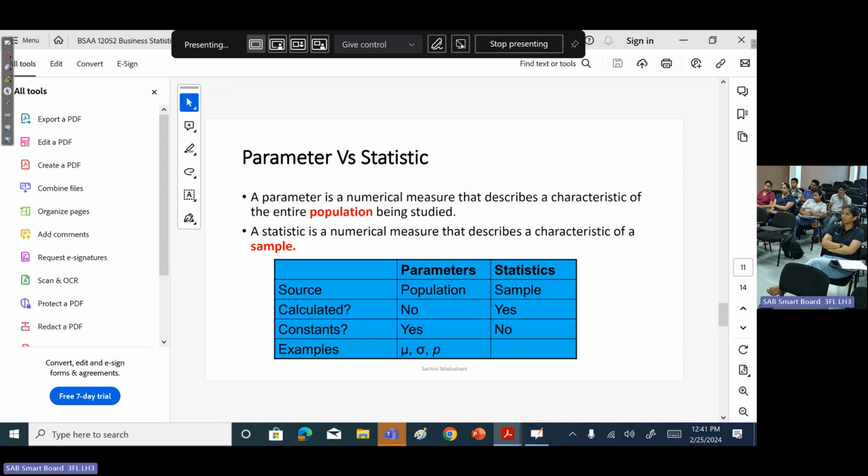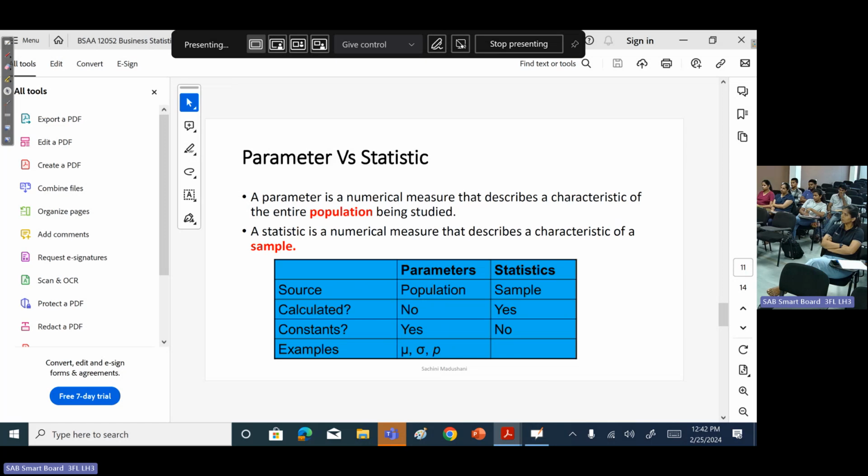Okay? Then other point is, population characteristic cannot be calculated in inferential statistics. Normally we study about the sample.